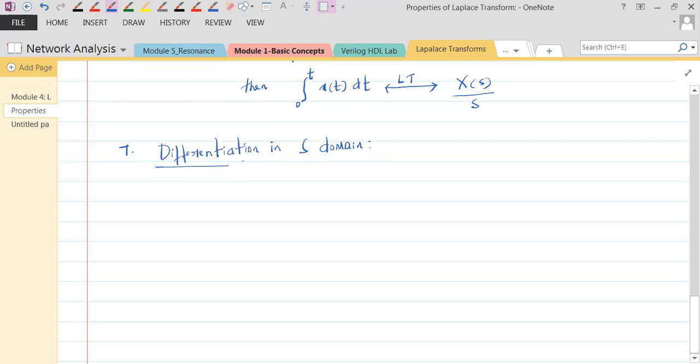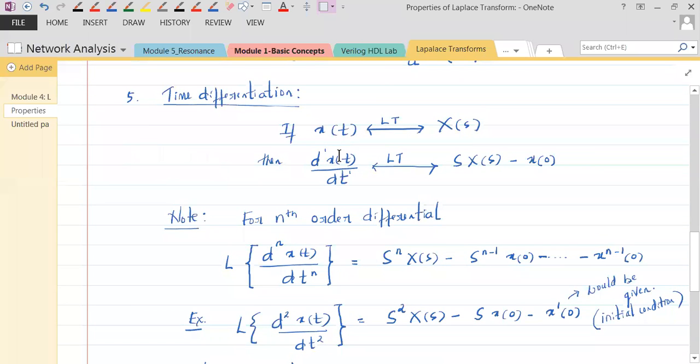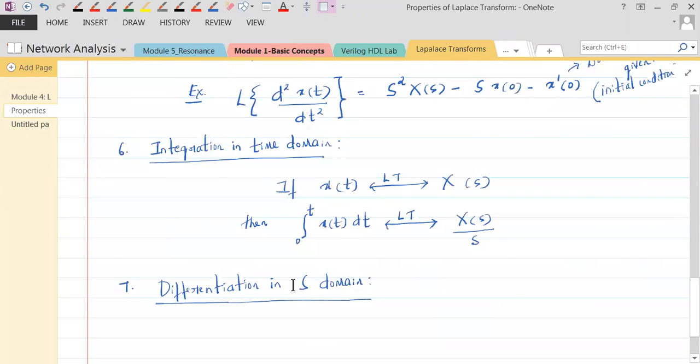We have seen differentiation, but that differentiation was differentiation in time domain. Here, this is differentiation in time domain, where the time domain signal is being differentiated. That is what is called time differentiation. Now this is differentiation in S domain. So how does that look is what we are looking at.